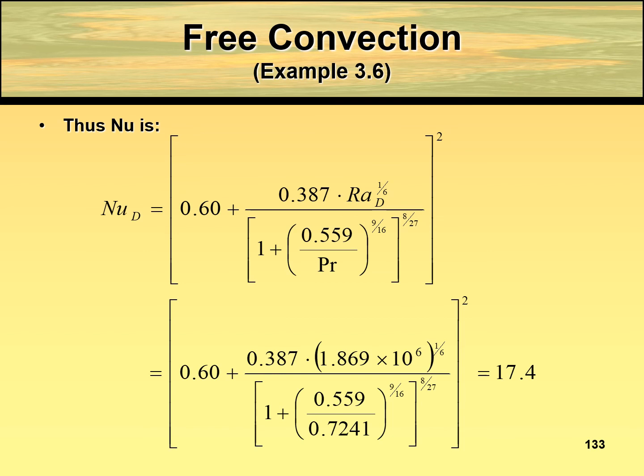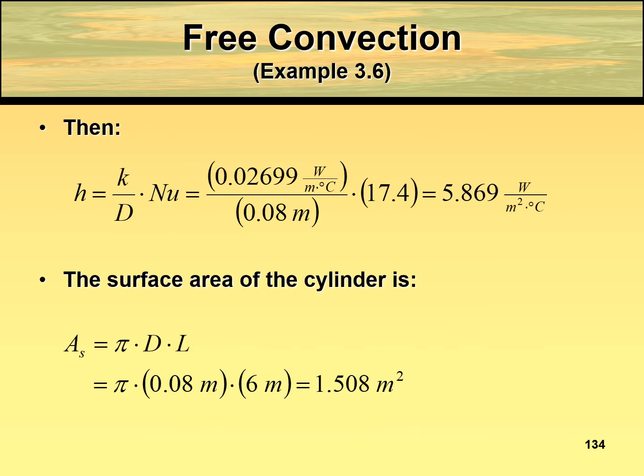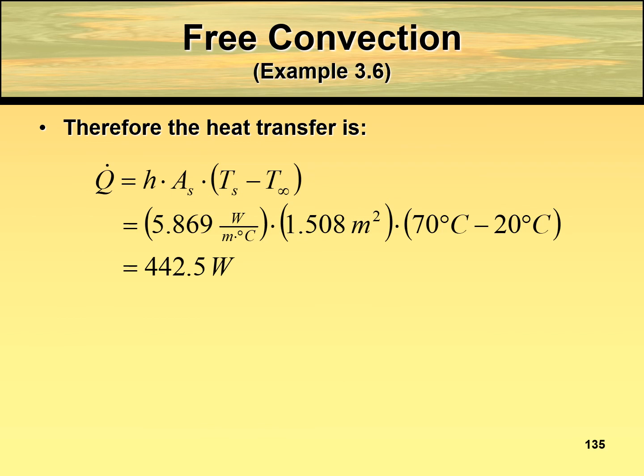Applying the equations, you get the Nusselt number equal to 17.4. With that, the convection coefficient can be calculated, which gives you 5.869. You can calculate the surface area. Then finally, the rate of heat transfer can be calculated for the problem.